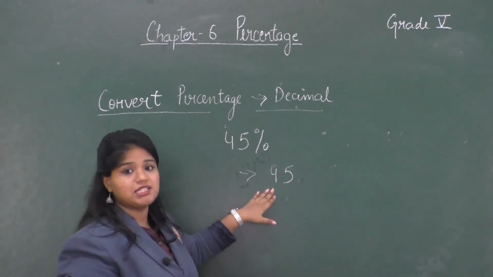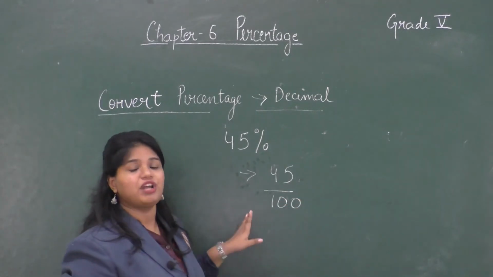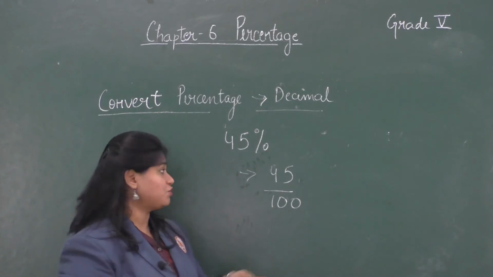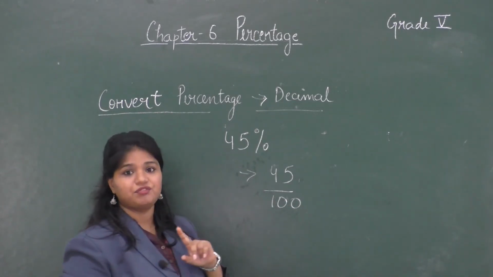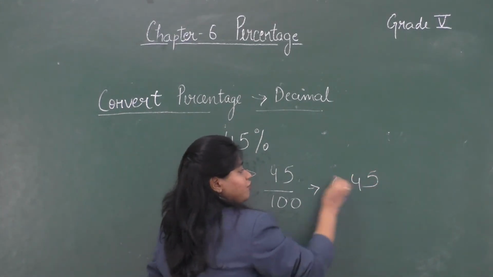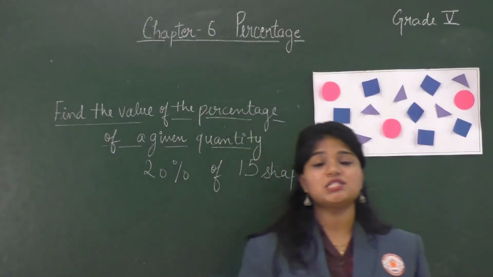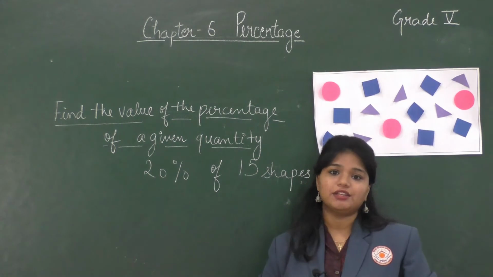Now I will divide this number by 100. Now you have to write this fraction as a decimal number. There are 2 zeros in the denominator, so the decimal point will be placed after 2 digits. So here I get 0.45.